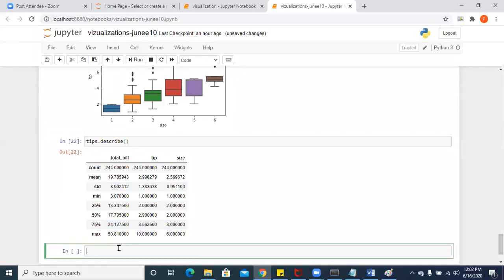So what are the sizes we have? Data set of size dot unique.